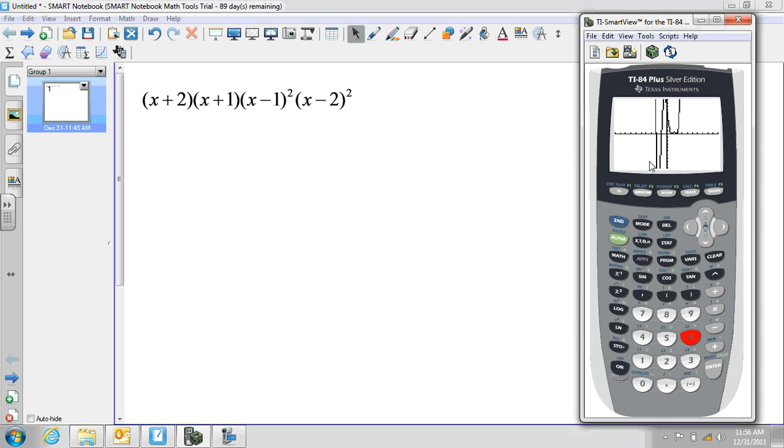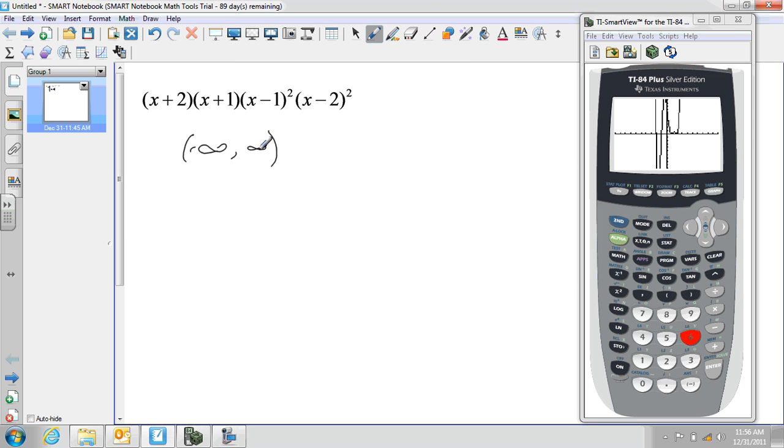The answer to this problem is, let's get a pen, the domain, and I'm going to write this in interval notation, is parentheses, -infinity to infinity, because my X values, this is my domain, as you can kind of see over here in the graph, will go all the way to infinity that way and all the way to infinity that way.